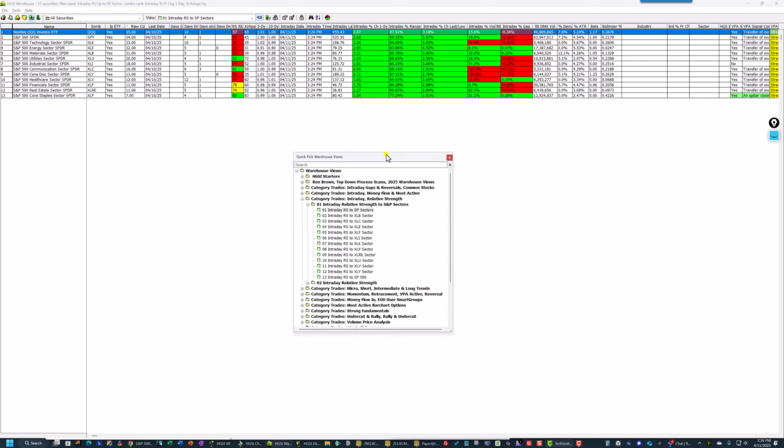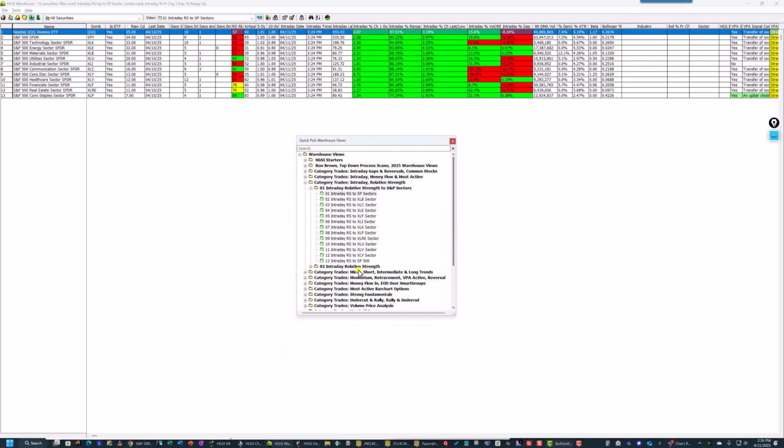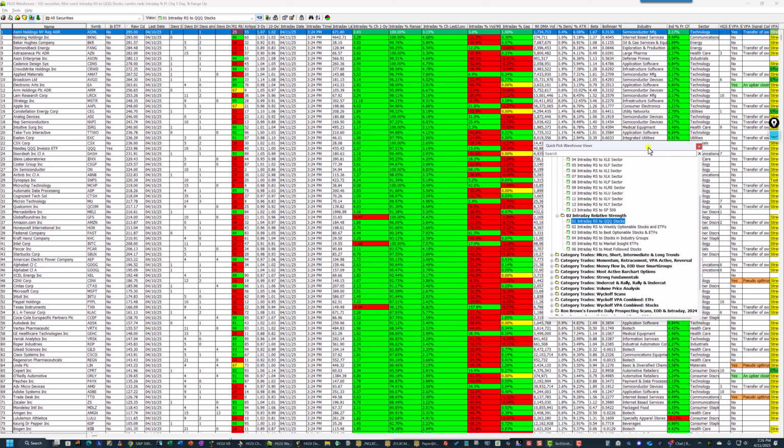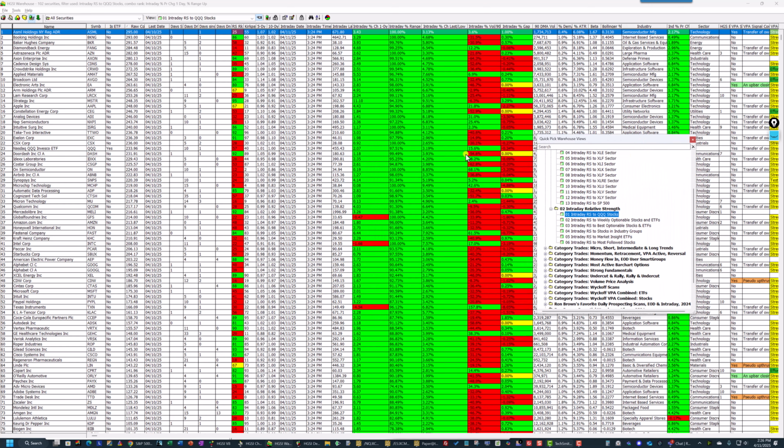Now just to take advantage of this as far as relative strength, in this other folder I have intraday RS to the QQQ stocks. So these are the 100 stocks that are contained in the QQQ, so I can quickly flip there to see where the strength is.